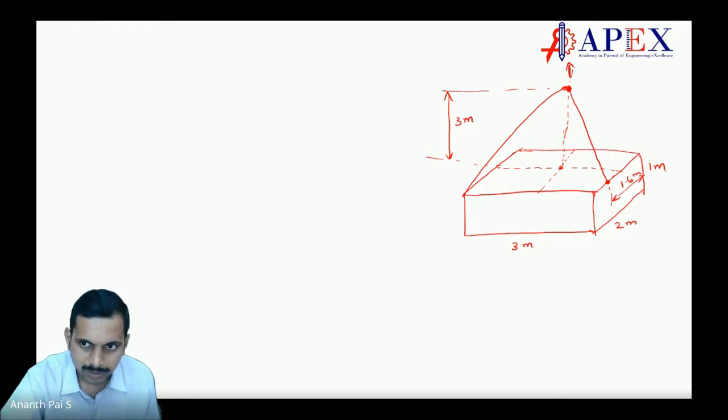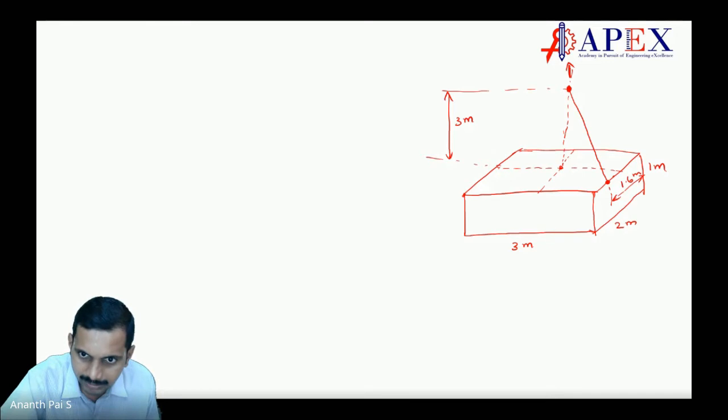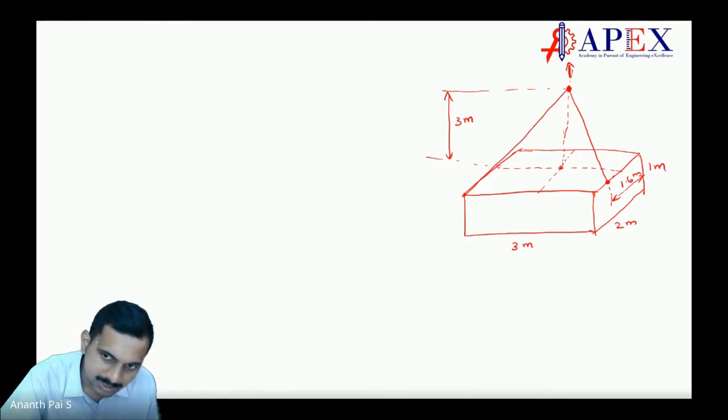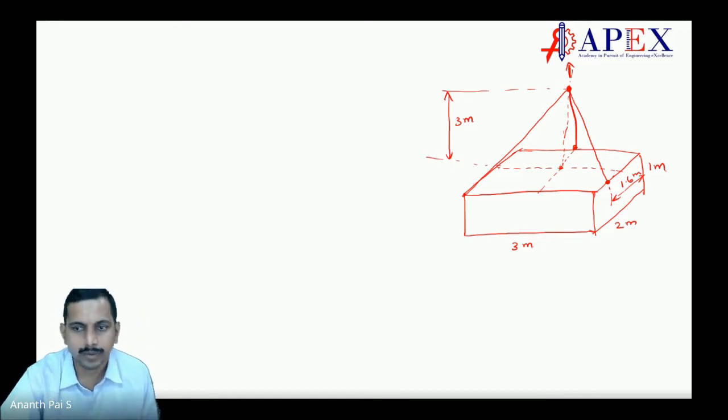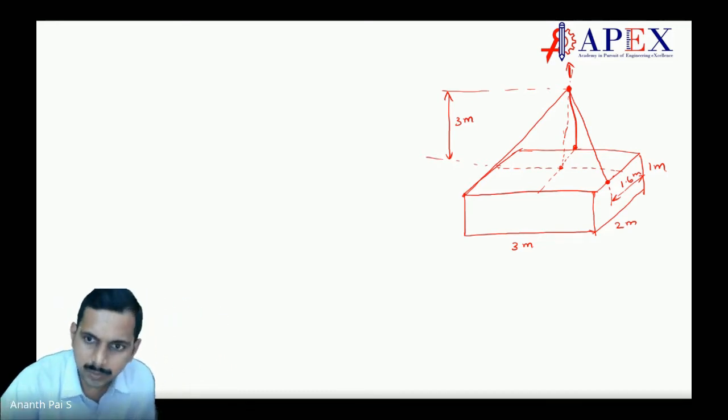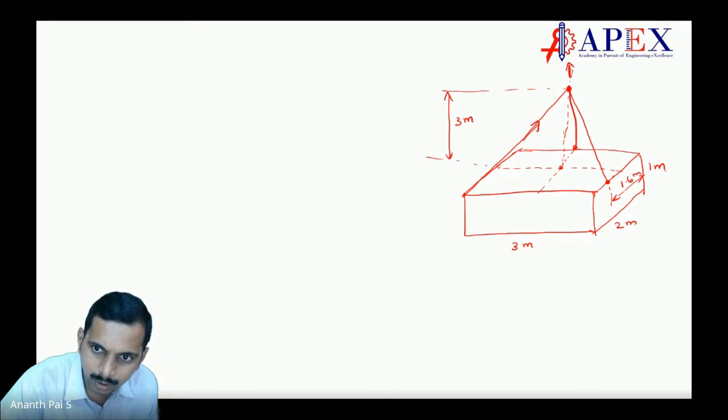Then another one, this is the second rope. The third rope is connected from here to here. This is the third rope. Now this one has a force of F1, this one is F2, and this one is F3.